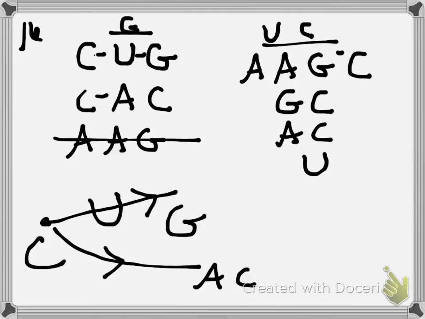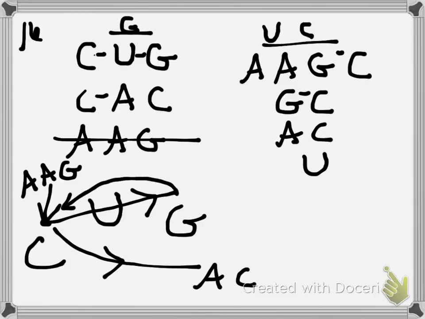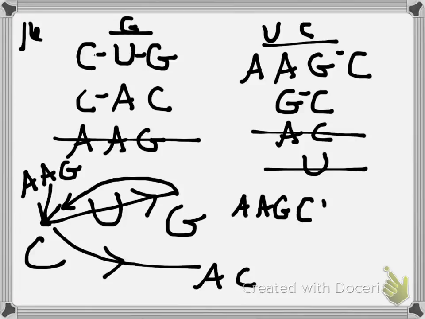Then I hyphenate after the G in the next column and go from AA, G to C, and hyphenate after the G, go from G to C, and I don't hyphenate in either of the last two because there's no G. So to follow the arrows, I go from A, G, and to C, then with a passover of U, go to G, back to C, and then at AC.